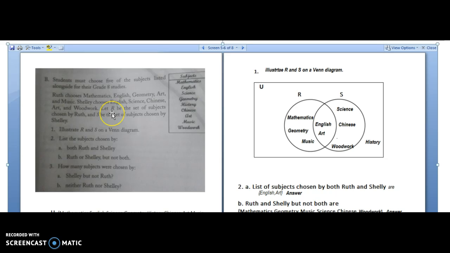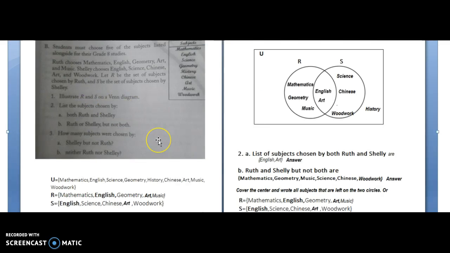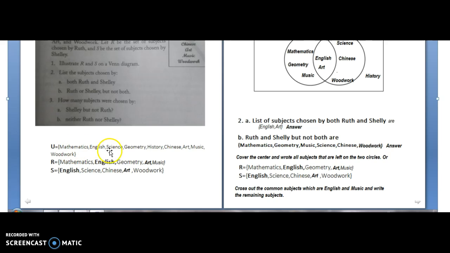And then R is a set of subjects chosen by Ruth and S is a set of subjects chosen by Shelley. So you write down the whole subject in your universal and R for Ruth and S for Shelley. Then cross out the common subject that Ruth and Shelley are taking. Okay, they have English and art.